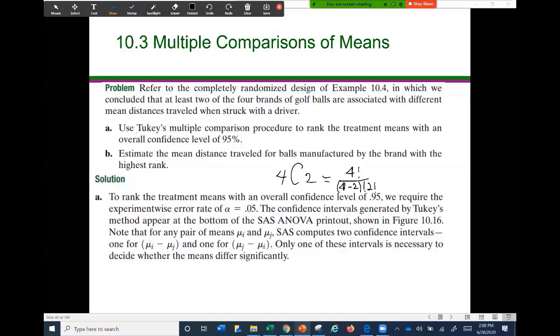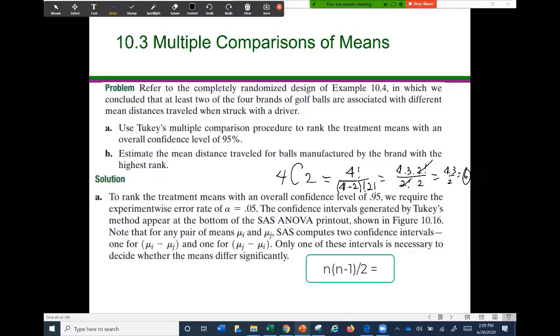This is equivalent to 4 times 3 times 2 factorial in the numerator, and in the denominator we have 2 factorial times 2 factorial, which is 2. We can cancel the 2 factorial. Actually, this is equal to 4 times 3 divided by 2, which equals 6 possible comparisons.